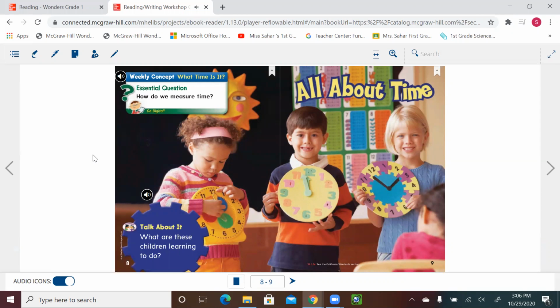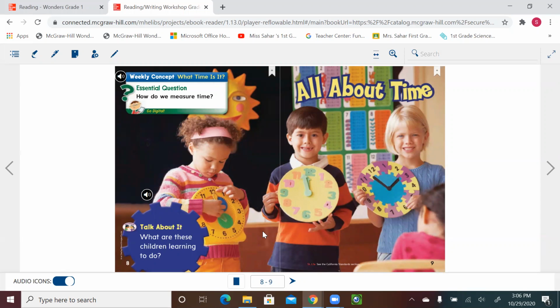As we see, the children here have different clocks, and they will be talking about different activities that they do at different times. So, for example, what can they do at 7 o'clock when they eat their breakfast, or when they go to school, when the class starts, when they go for their activity. The children here also talk about hours and seconds and minutes, and the longest is the hour.